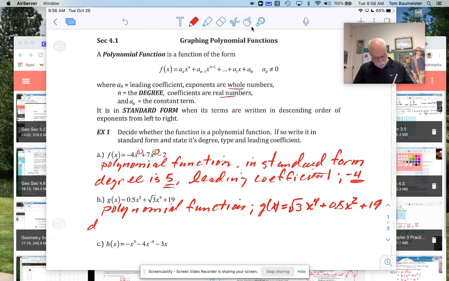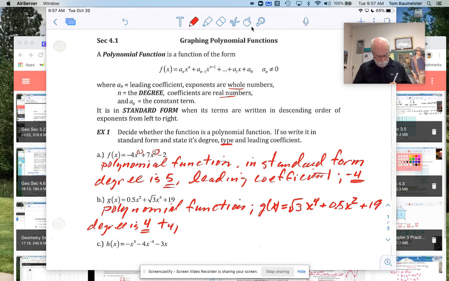Okay. Its degree is 4. All right. So on that one there, if we have, say, a type, okay, well, we know 3 is cubic, we know 2 is quadratic, we know that x to the first power is linear. The 4th one's the only other one that we need to know.